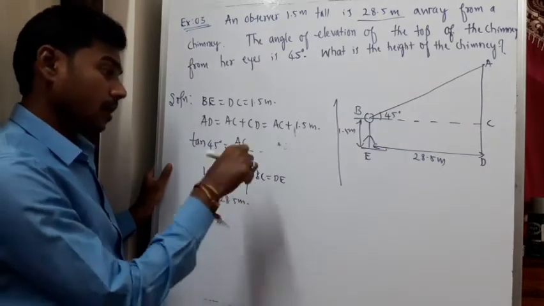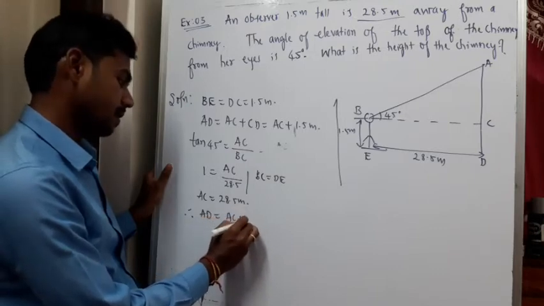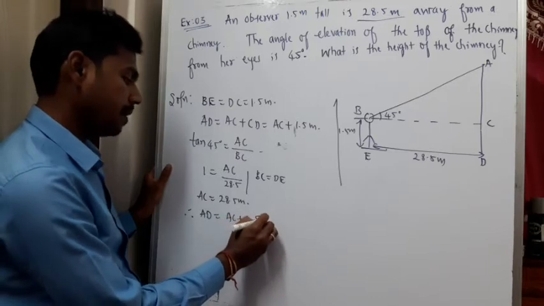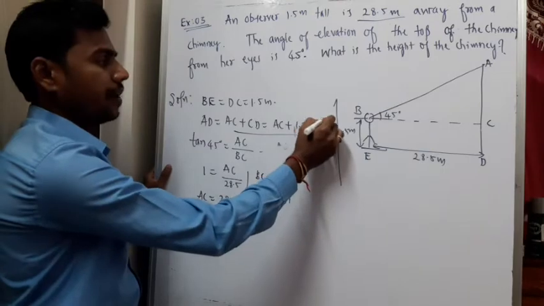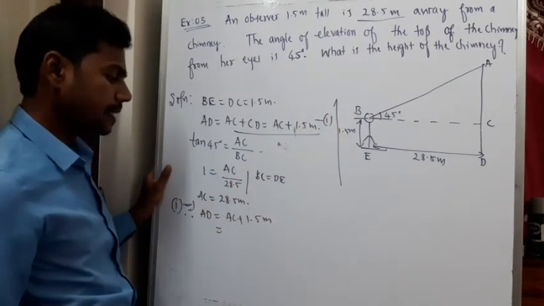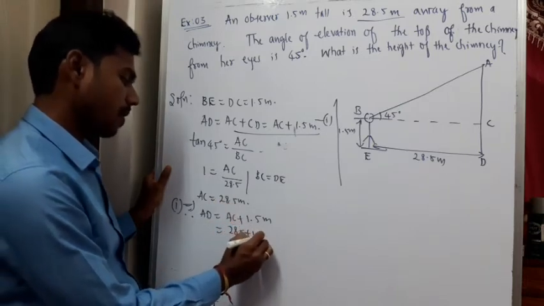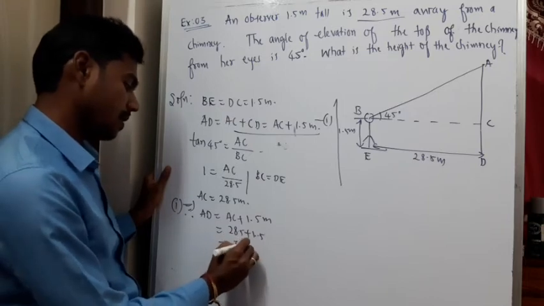Therefore, AD is equal to AC plus 1.5 meter. From this equation, if I call it equation 1, AD is equal to AC plus 1.5. What is AC? 28.5 plus 1.5. So 28 plus 2 is nothing but 30 meter.